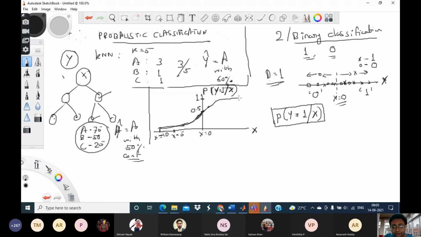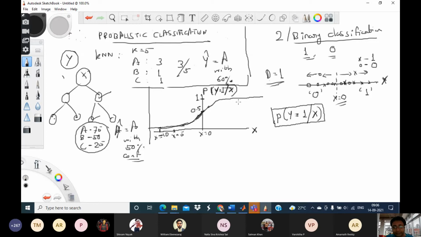So this is the nature of the curve which we see. Initially it takes a low value for a long time, close to 0. Then as it approaches x equal to 0, it gently starts rising. At x equal to 0, it reaches 0.5. Then it rises a bit further, and then it flattens off like this.